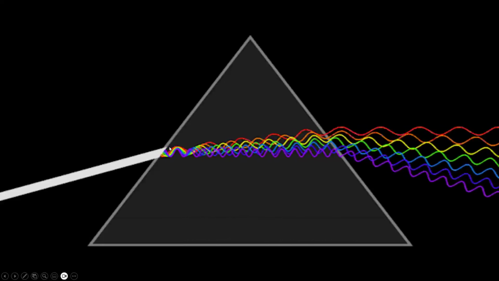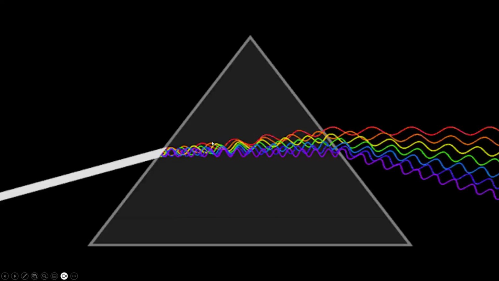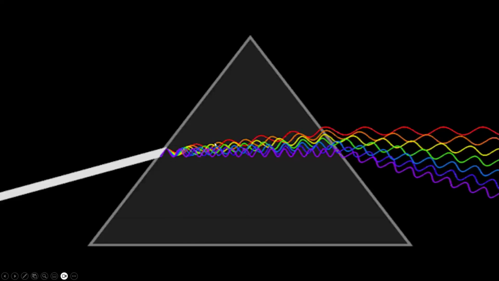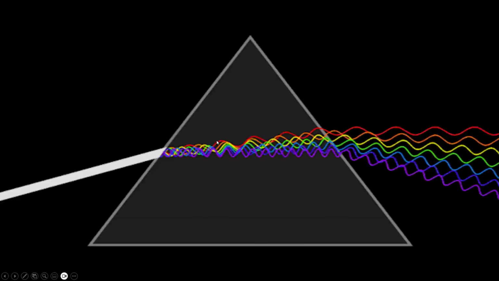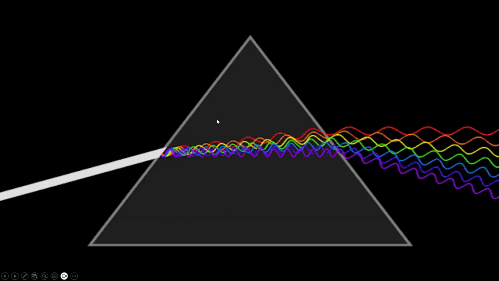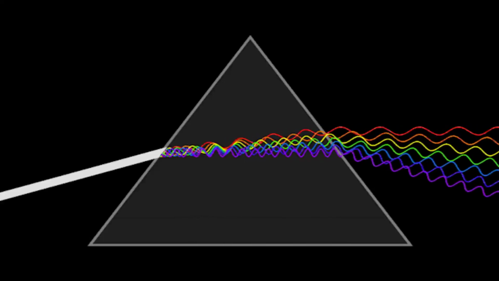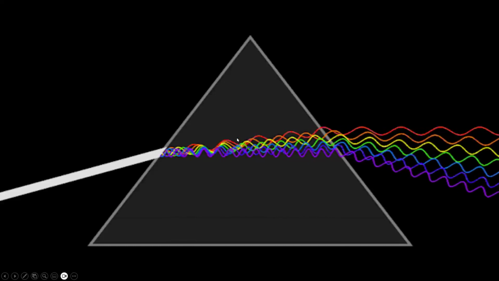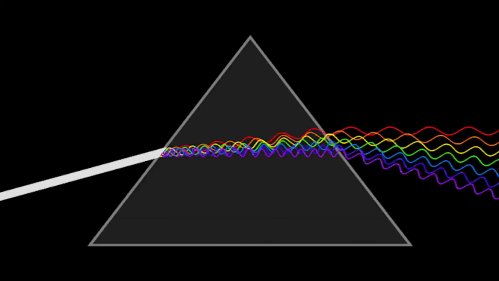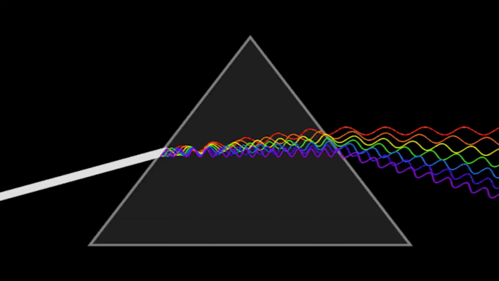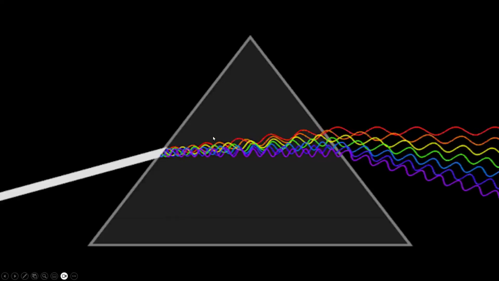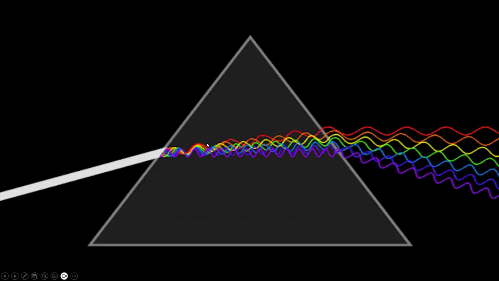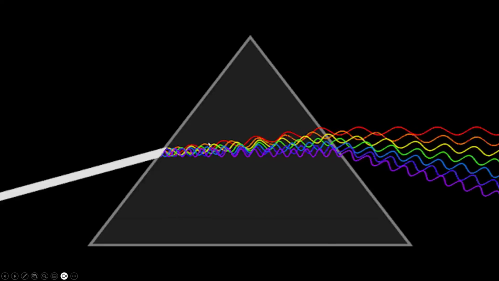The lower frequencies, towards the red. Now, is there light beyond red or below red? Yes, there is light below red. We just can't see that, but those frequencies below red are also called light frequencies. We just can't see them as humans, but it's still light. So they are not affected as much.